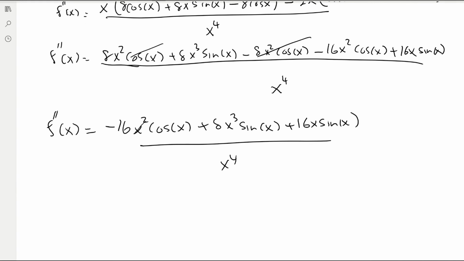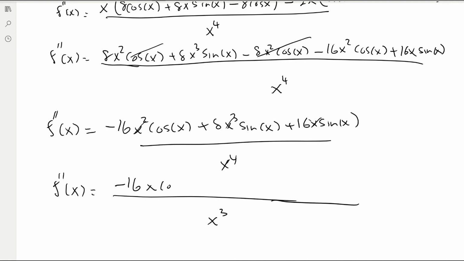Now I can cancel an x from each term. So what we have is x cubed and minus 16x cosine x plus 8x squared sine x plus 16 sine x.